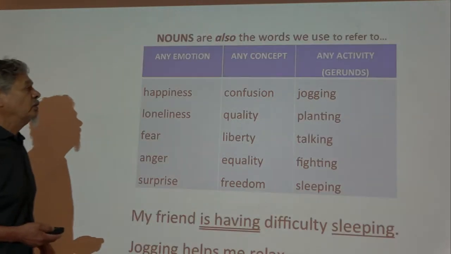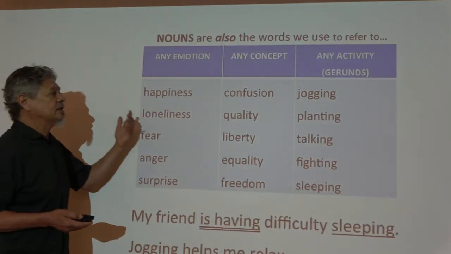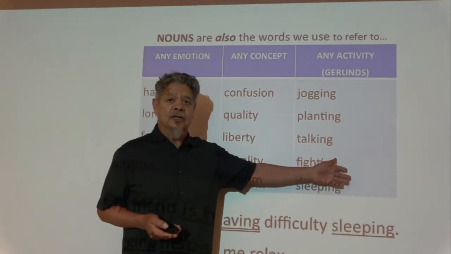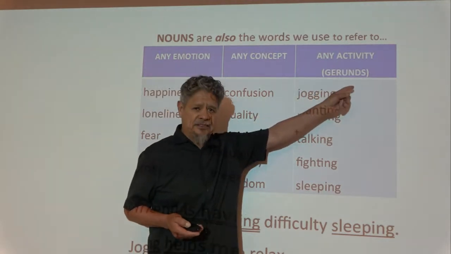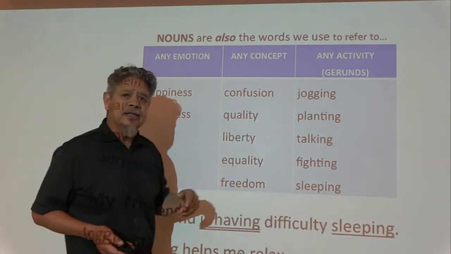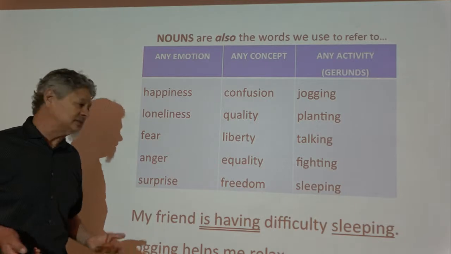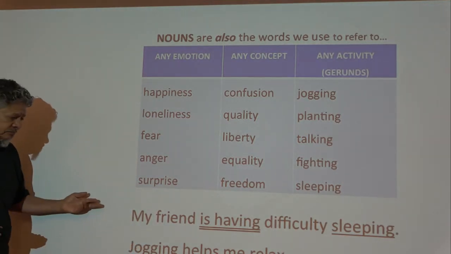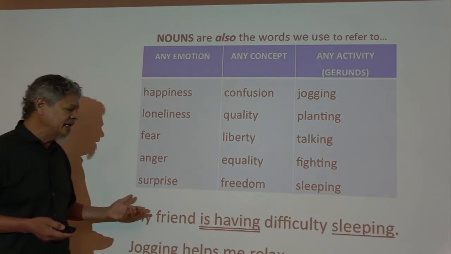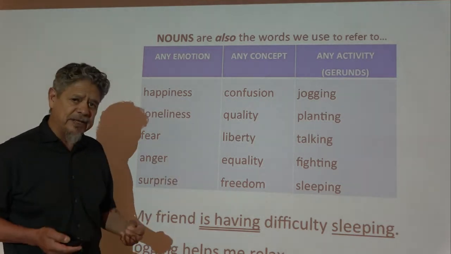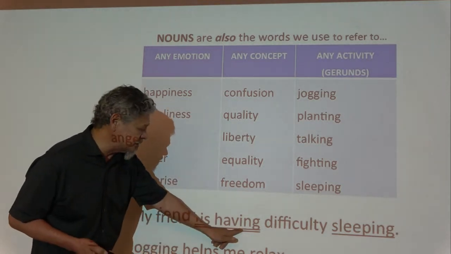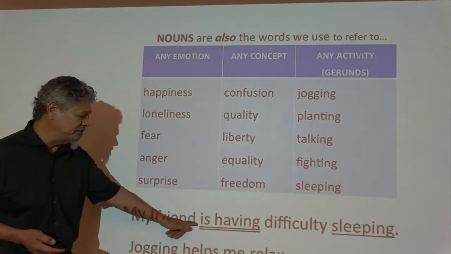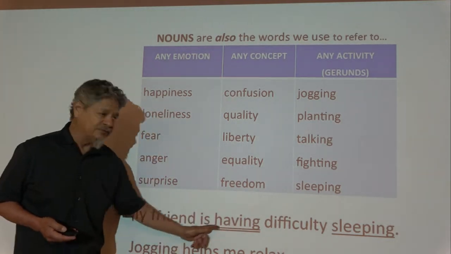But when we use the ing words to refer to activities, then they are not being used as verbs. In this first sentence, for example, it says, my friend is having difficulty sleeping. Now here is an ing word. It has a helping verb, so this is a verb.